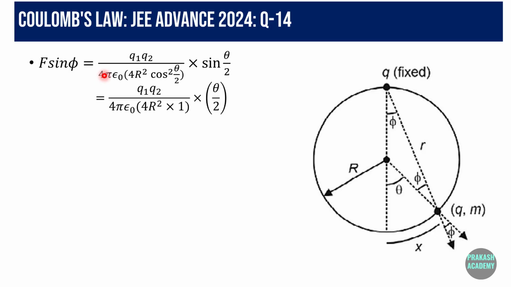Now we have to make an approximation, that is theta is very small, because this is doing SHM and this is the angular amplitude, which is very small. This means cos theta will be 1 and sin theta by 2 will be simply theta by 2. Whenever theta is small, cos theta equals 1 and sin theta equals theta. So this is the approximation I am making.